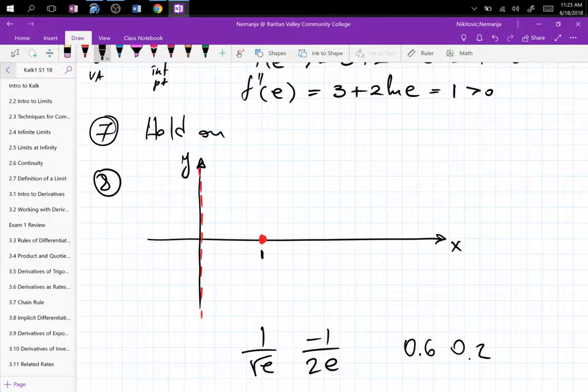So 0.6 on x, which is here somewhere, and negative 0.2. So this is where our minimum is. So it needs a smiley there. And I hope you see that it will actually go through this. So this is going to be a very interesting graph. Nice.